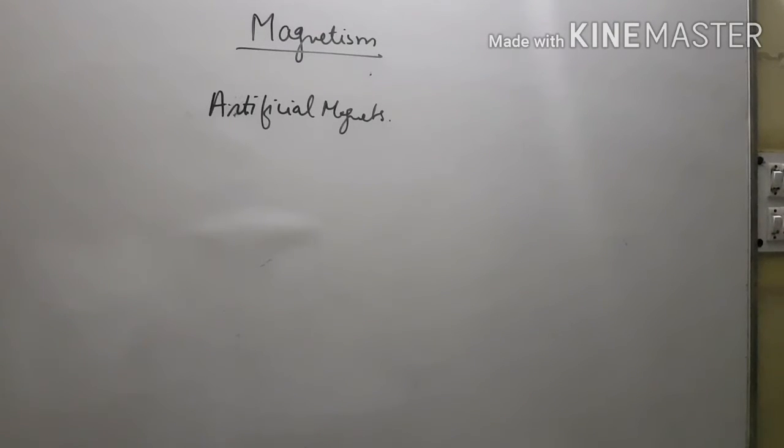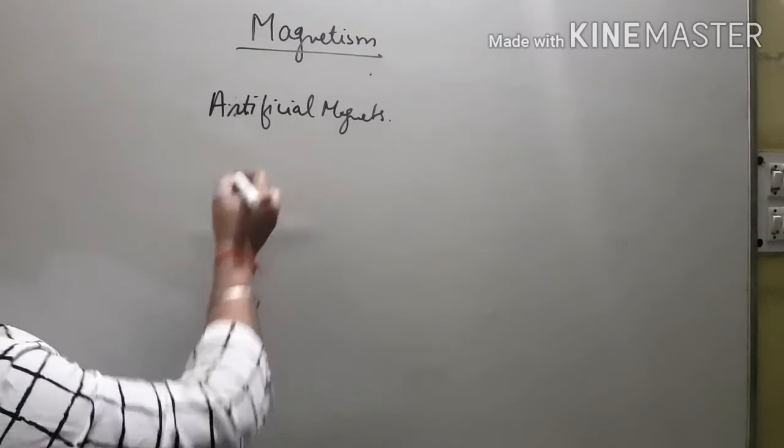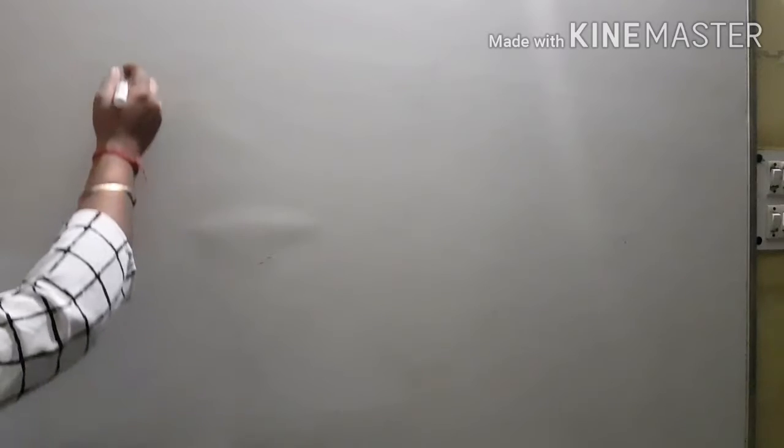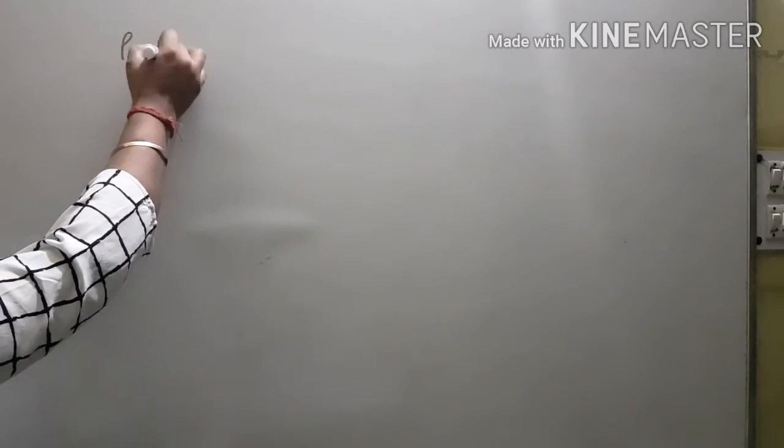These magnets are in the shape of rectangular, circular or horseshoe magnets. Now I am telling the properties of the magnet.